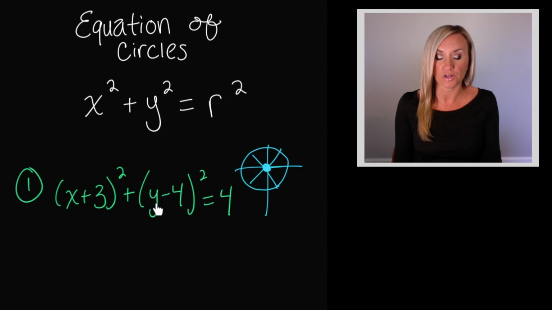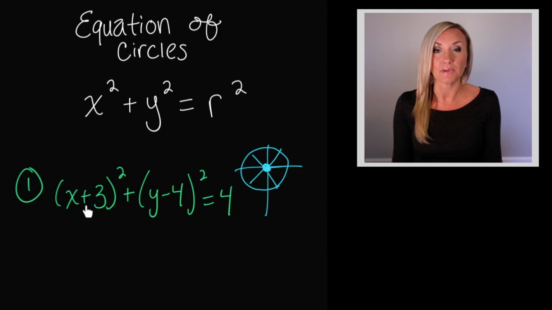The same thing happens over here with the y minus 4. So now we know that this circle is shifting from the center at 0, 0, the origin. We know that it's shifting left 3 places and up 4 places.